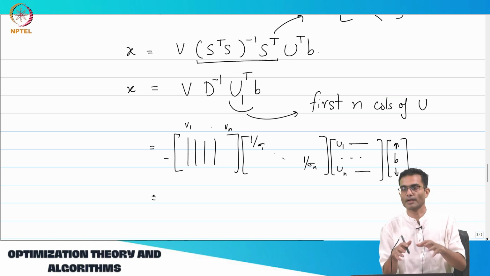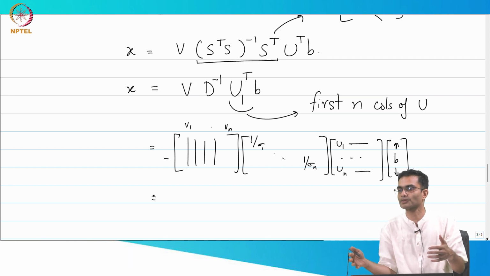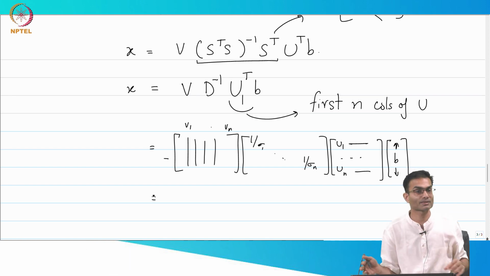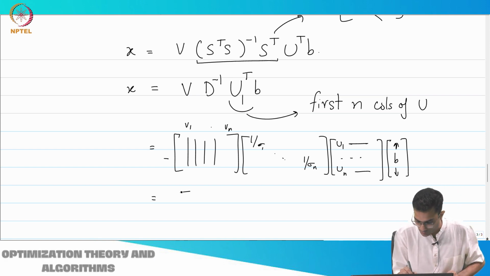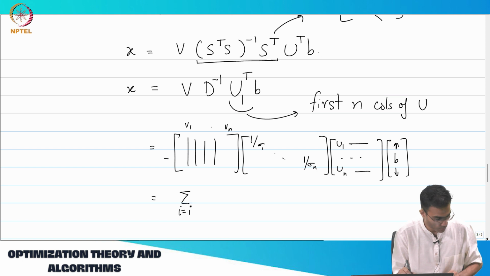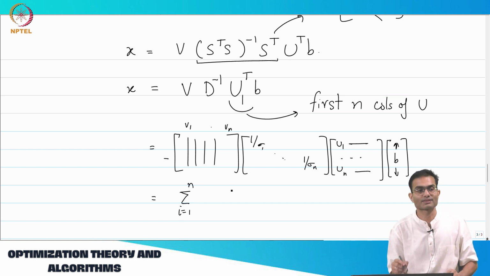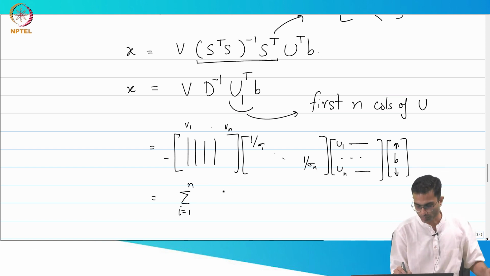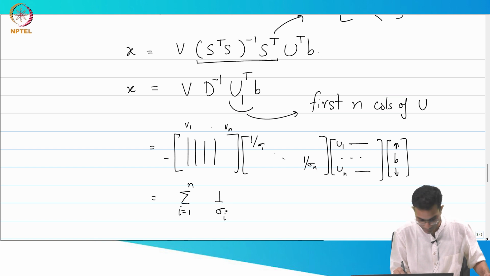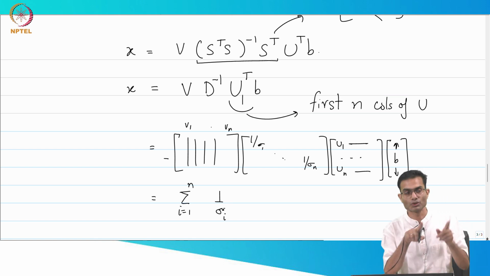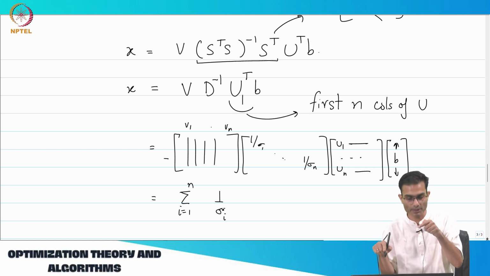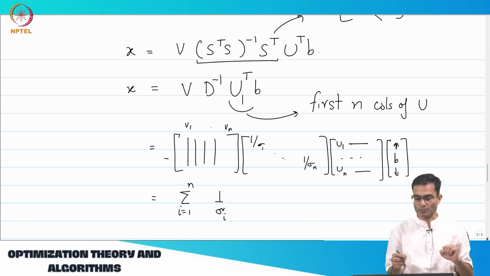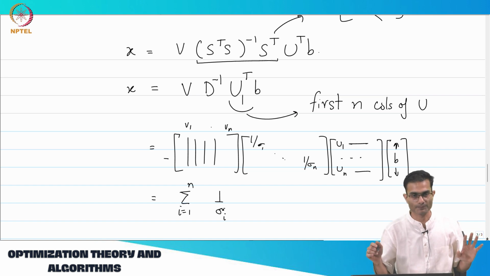You can also open this up in terms of what is very popularly called the outer product notation, which will make it very simple. So let's write that down: the sum from i equal to 1 to n. This 1 by sigma i is a scalar, so it is going to pop out. Ui transpose is getting multiplied by B. Before I write this, let's get some intuition.